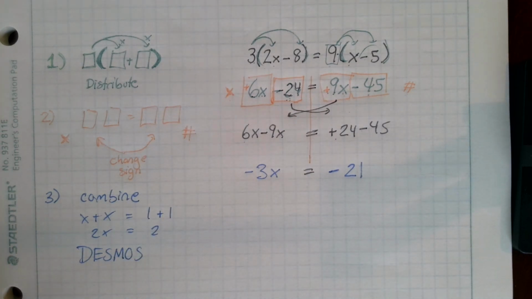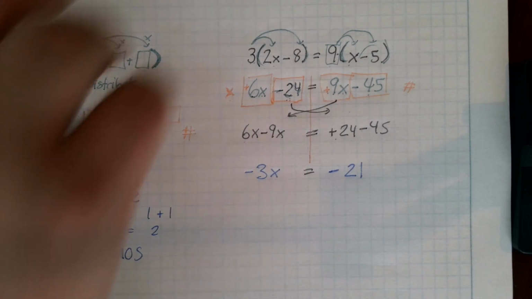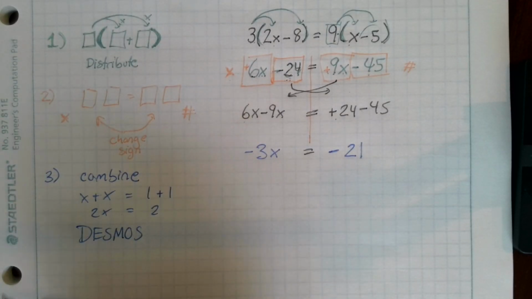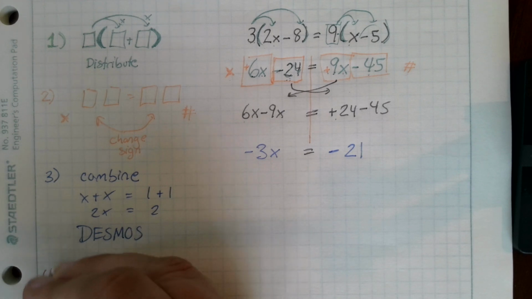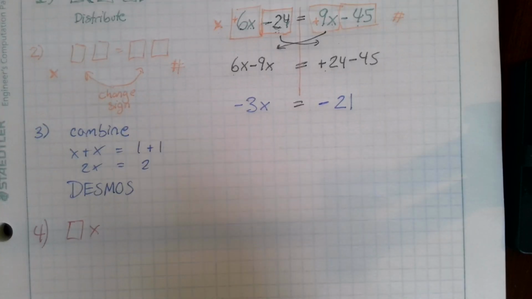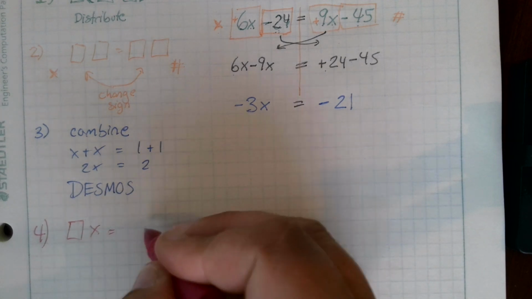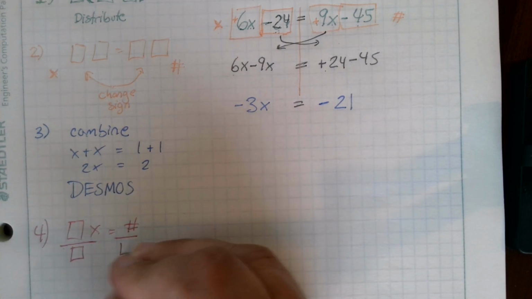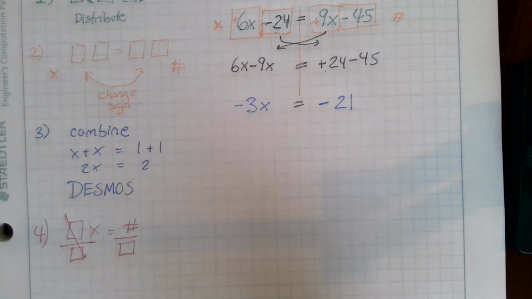Okay? So now, our last step that we check for every single equation is whatever the number in front of the x is, we're going to take that and divide by that amount and cancel it out. Okay?